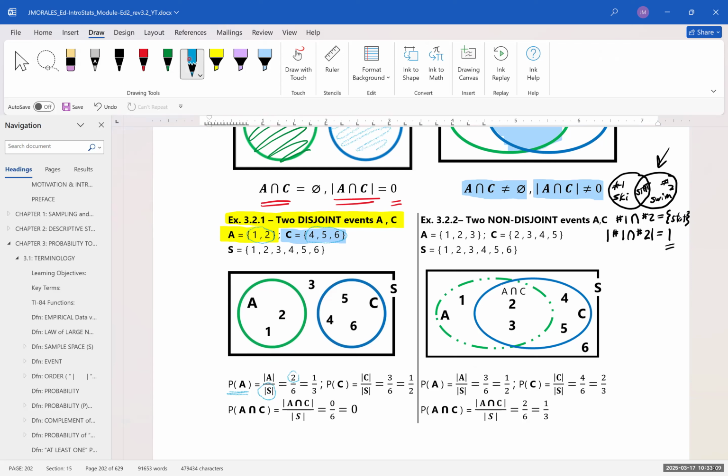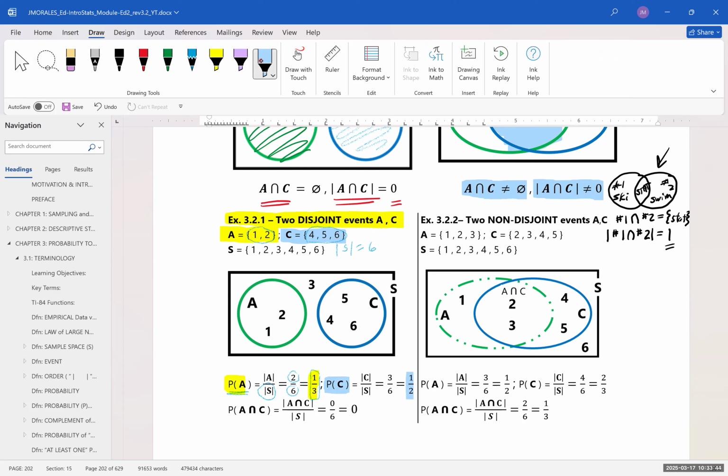For the sample space, what's the order of the sample space? Well, the order of the sample space is equal to 6. And 2 divided by 6 can be reduced to 1/3. So the probability of A occurring is 1/3. And likewise, the probability of C occurring is going to be 3/6 or 1/2.